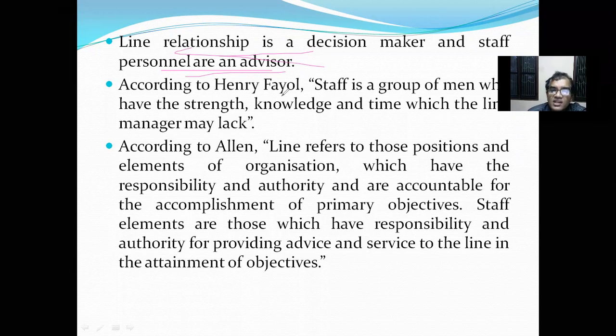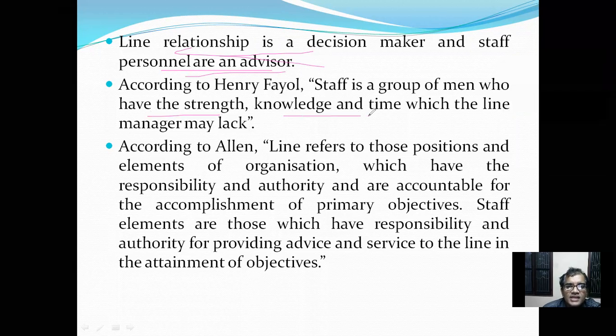According to Henry Fayol, staff is a group of men who have the strength, knowledge and time which the line managers may lack. The staff will give advice to the line managers and the line managers will work on the field. According to Allen, line refers to those positions and elements of organization which have the responsibility and authority and are accountable for the accomplishment of primary objectives.